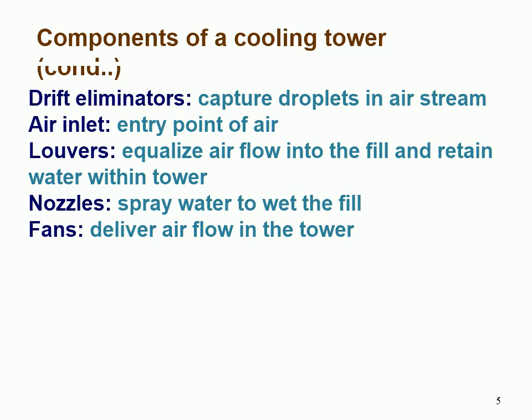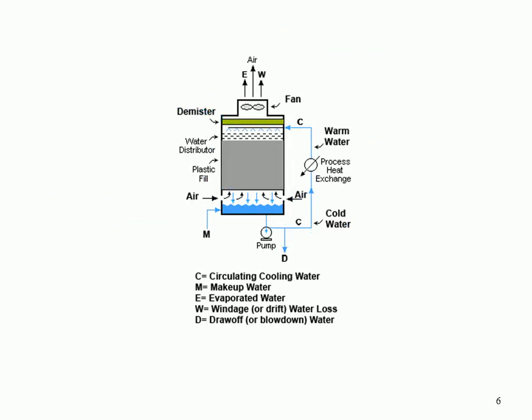A fan with non-automatic adjustable pitch blades can be used over a wide kilowatt range because the fan can be adjusted to deliver the desired airflow at the lowest power consumption. Automatic variable pitch blades can vary airflow in response to changing load conditions. This is a schematic of the cooling tower showing all the major components of the cooling tower.